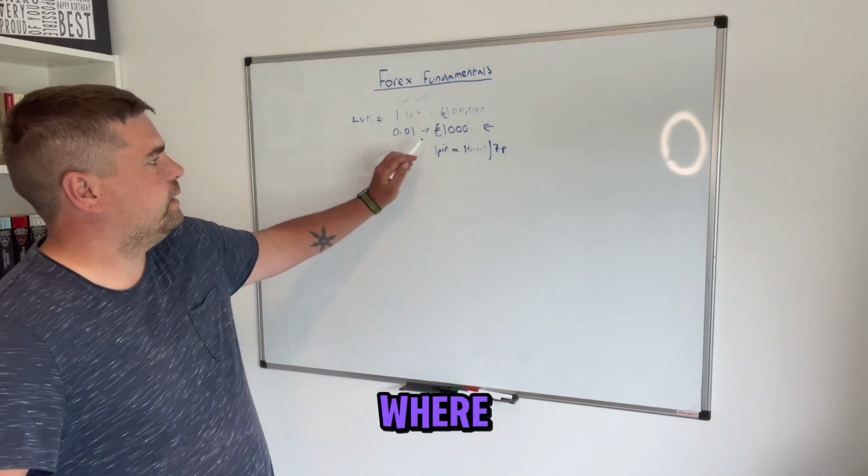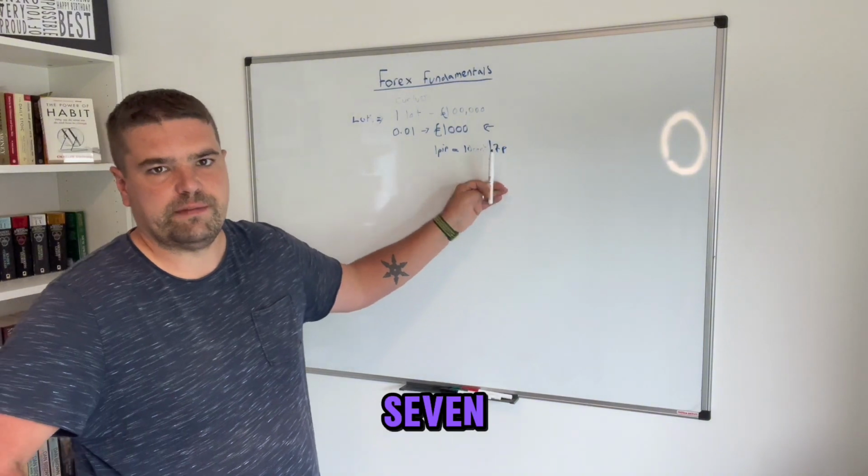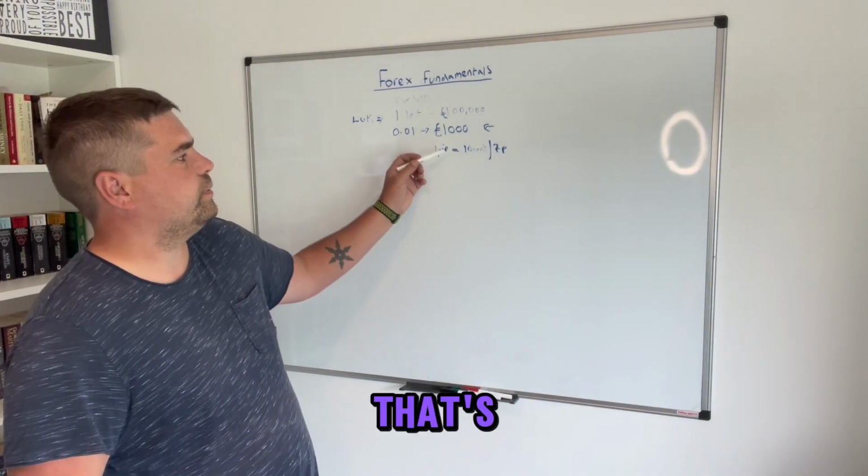So this is where, if you're buying 1,000 euros and price changes by 1 pip, you've made 7 pence. Not a lot at all, but that's where it is.